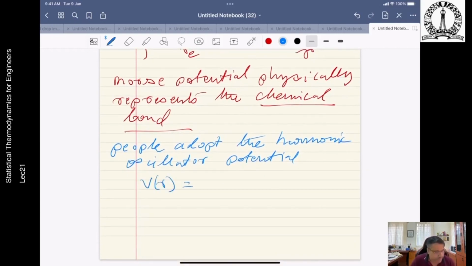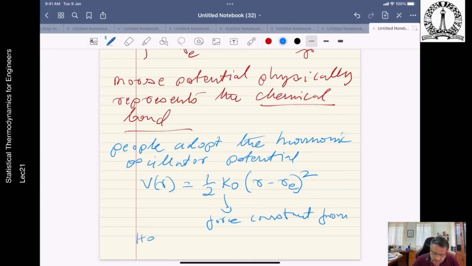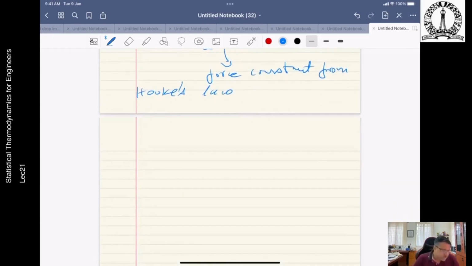So VR is therefore written as half K naught (R minus RE) squared, where K naught is like a spring constant, a force constant, right? K naught comes from Hooke's law. Hooke's law means K naught is given as mu times (2 pi nu) squared. So this is related to the oscillator frequency.